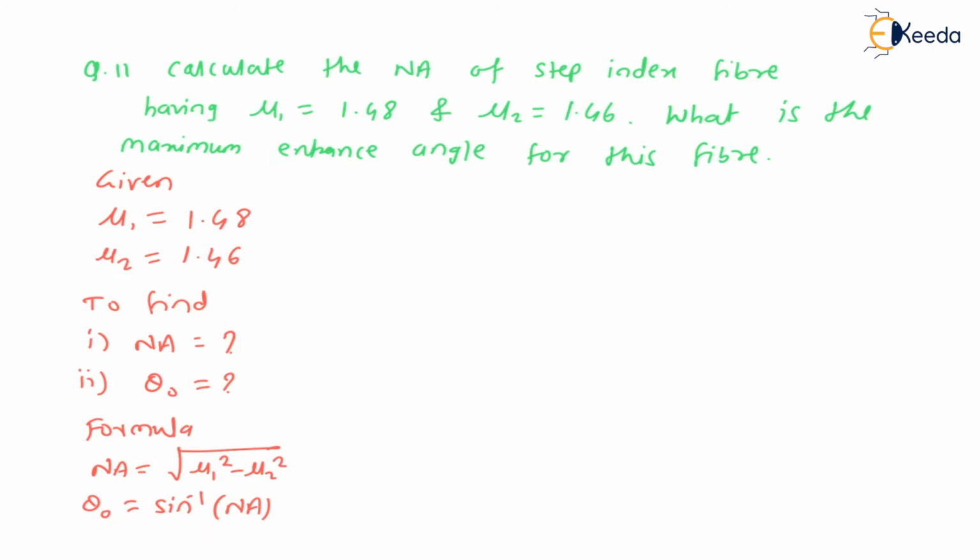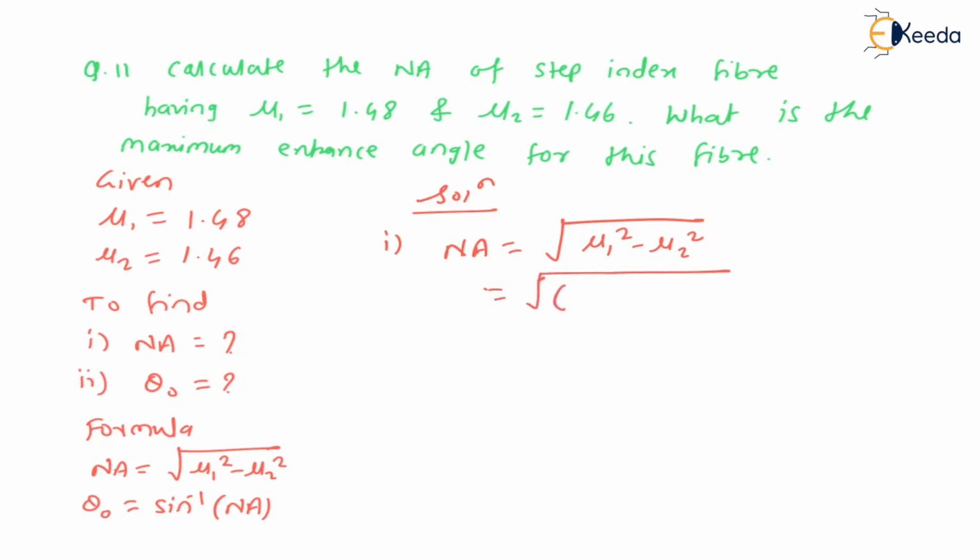So now by doing calculations, here it will be the solution. First of all, for Na, the numerical aperture, the formula is under root mu1 squared minus mu2 squared. Now we will substitute the values over here.